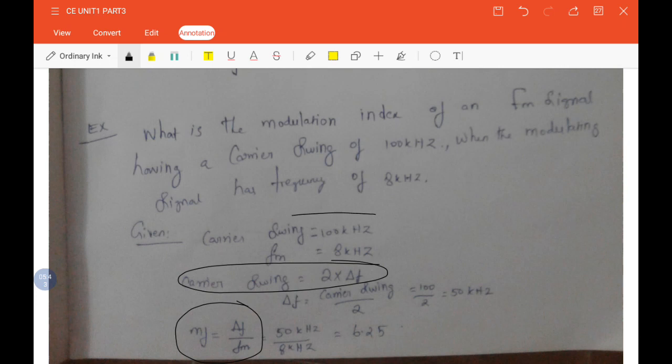Carrier swing is given here as 100 kilohertz, so divided by 2, you get 50 kilohertz. And now use this del F value for calculating your modulation index. FM is already given, so by substituting, you get the modulation index value. So this is an example problem for calculating the modulation index if the carrier swing of the signal is given. Carrier swing is nothing but 2 times del F. That you should remember.